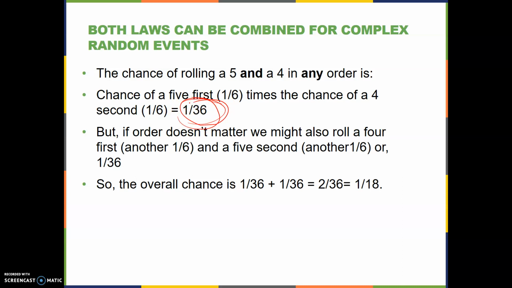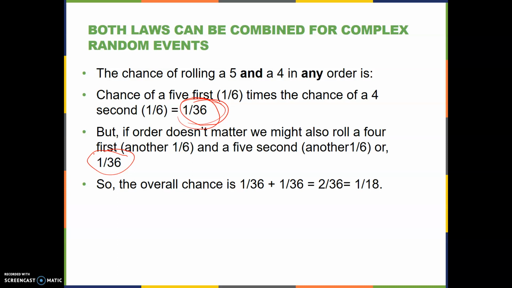But if order doesn't matter, we might also roll a 4 first and a 5 second, which again is 1 out of 36. You're just changing the order of the numbers. So if we want to know the chance of rolling a 5 and then a 4, plus the chance of rolling a 4 and then a 5.